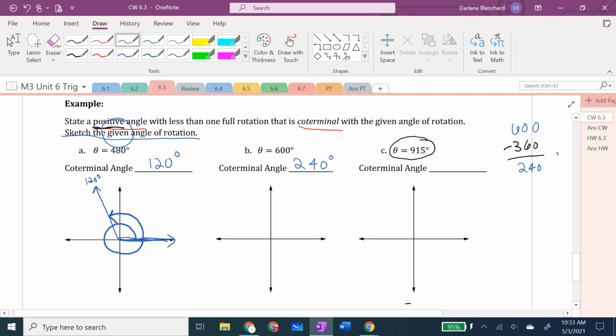Let's remember that this is 90, 180, and you want to actually start memorizing that this is 270. So where is 240 located?